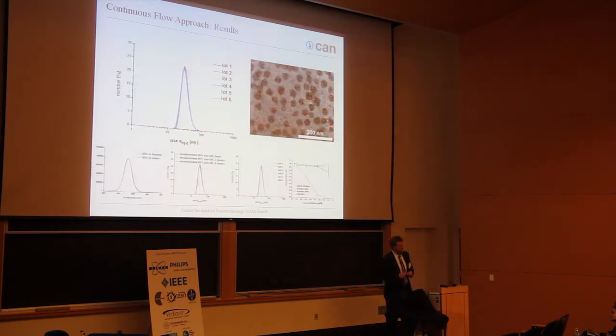So here you can see the result of 6 different batches of encapsulated particles, and you can see that size and size distribution measured by DLS is the same all the time, so we are really happy again with the reproducibility of that system. But if you look here at the TEM image, you can see the micelles and you can see the particles.